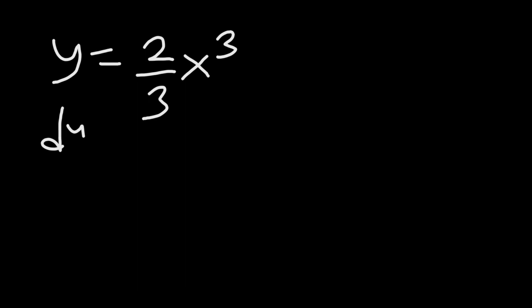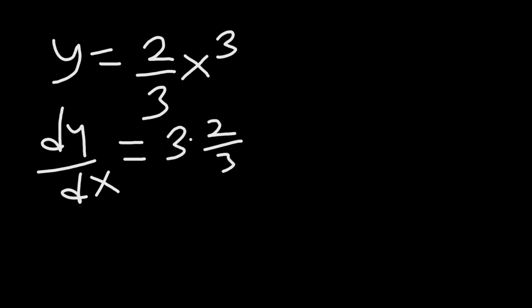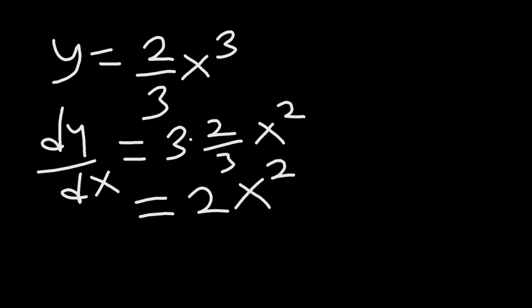My dy/dx will be equal to 3 times 2/3 s to the 2nd power. I believe you have gotten the pattern now. So this 3 will take away this 3. So I'll be having 2s to the 2nd power.